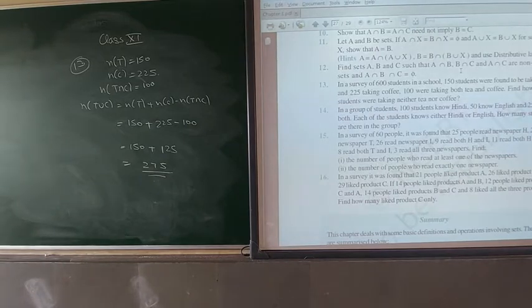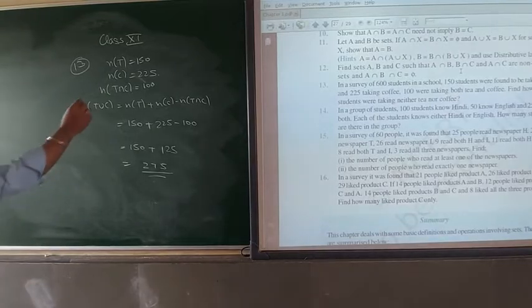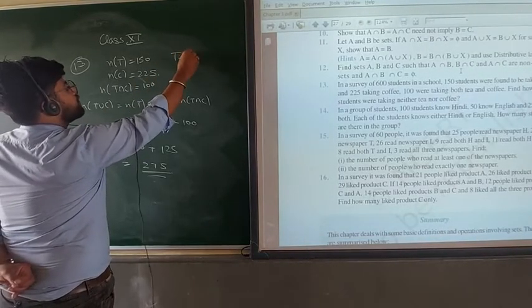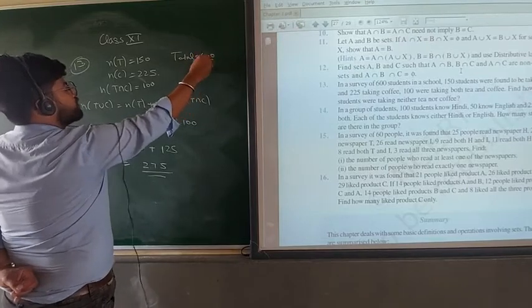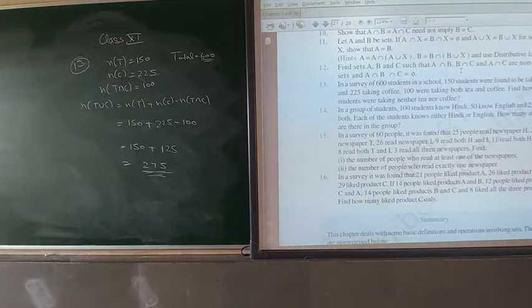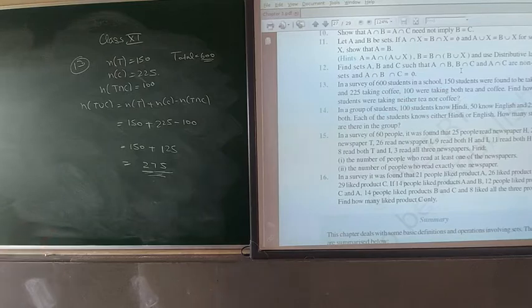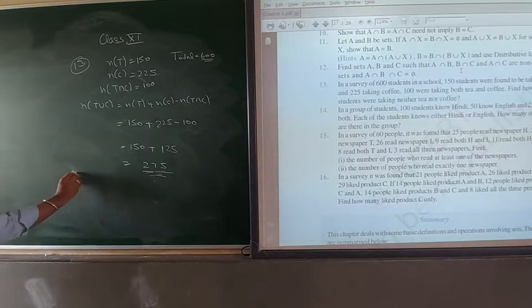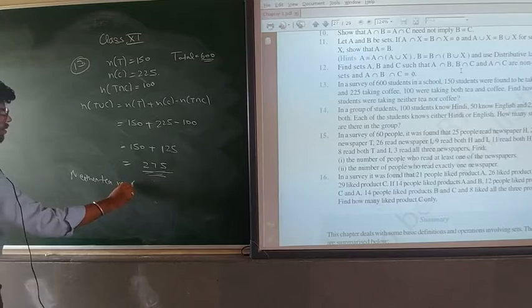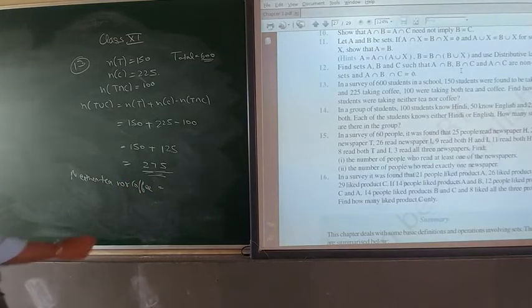Now how many total are there? Total students are 600. Now listen carefully. Total are 600 and these are the students who are taking either tea or coffee. Anyone else has not taken anything. So neither tea nor coffee, how many students are there?